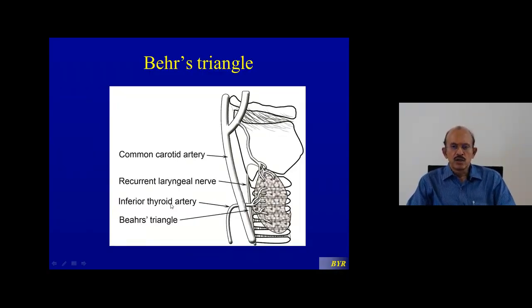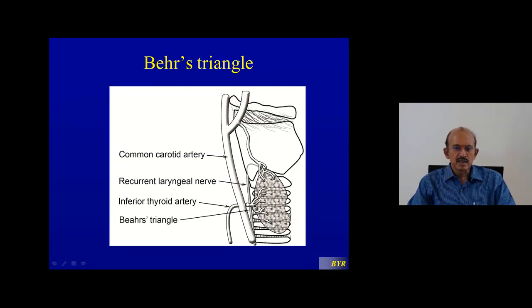Then you must know one triangle in the neck that is called Beahrs' triangle. So you can see here, this is the triangle. This triangle is formed by the inferior thyroid artery, the recurrent laryngeal nerve, and the common carotid artery.